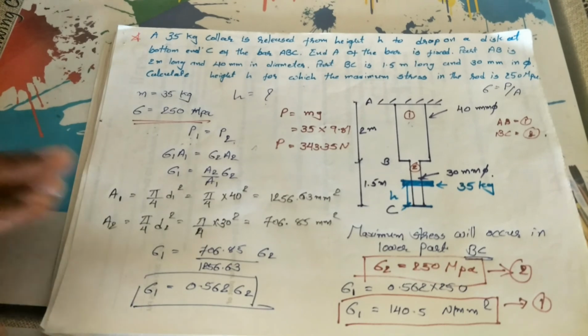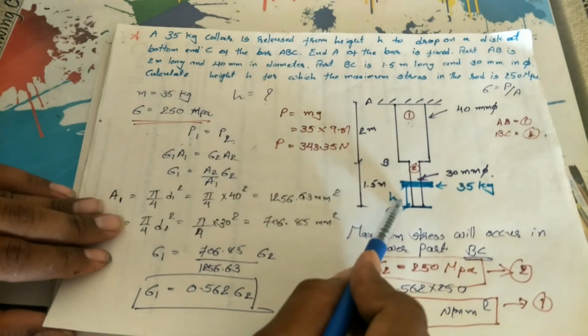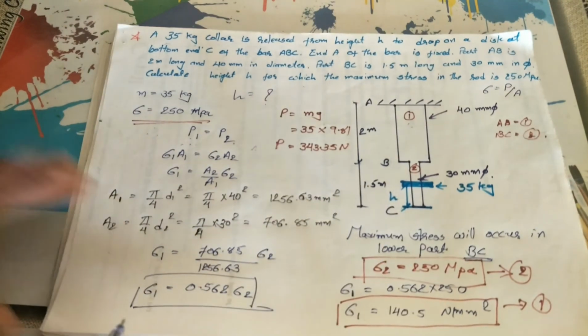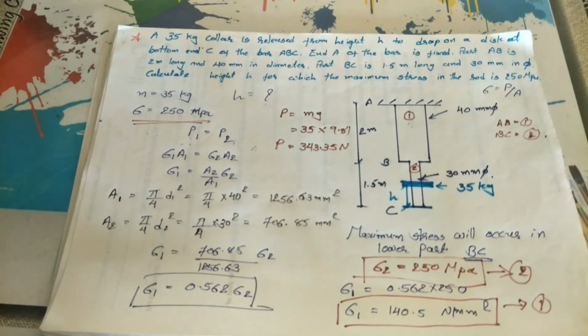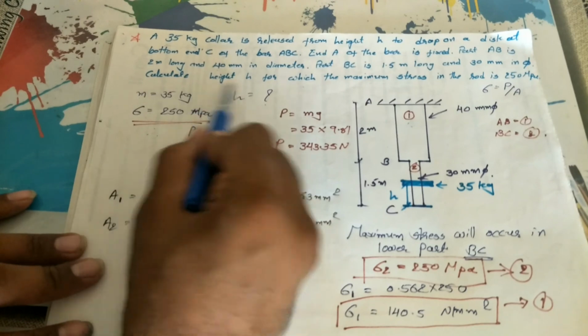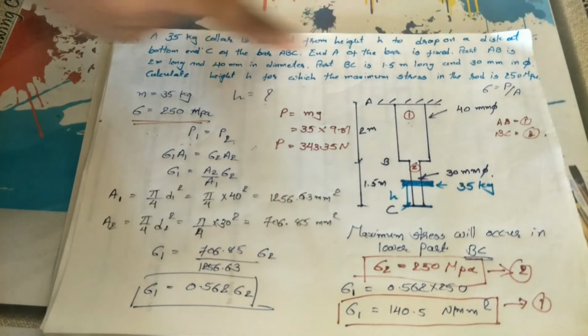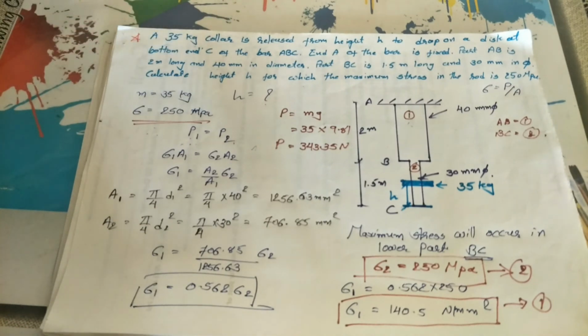So this is all about your first example of strain energy, where you need to calculate your height, and this is a question of impact loading. How do you come to know that this is a question of impact loading? In an impact loading question, the word height is given to you in any portion of the question.